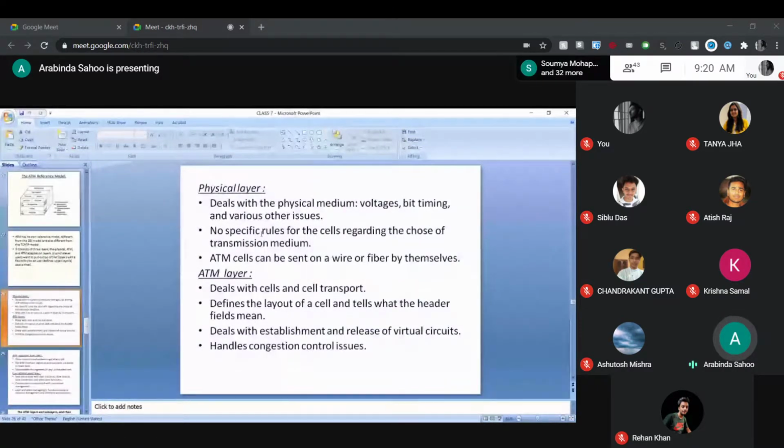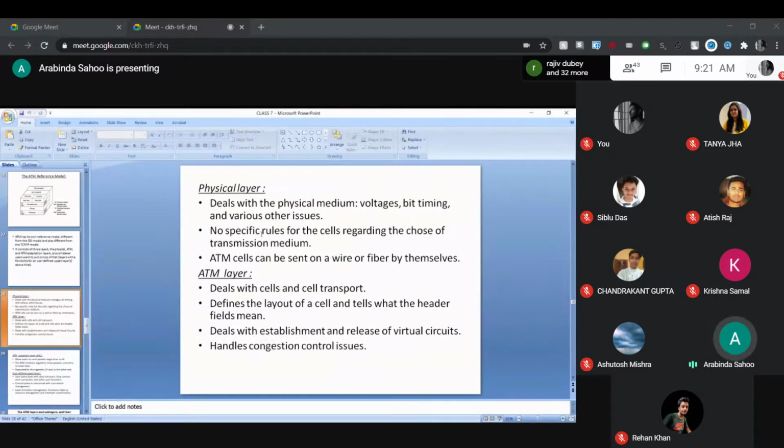And whenever you are transmitting in the form of electrical pulses, it is associated with the timing of each pulse, that is, bit timing, and various other issues. So you can write it down: the physical layer in the ATM reference model deals with the physical medium, voltages, bit timing, and various other issues.